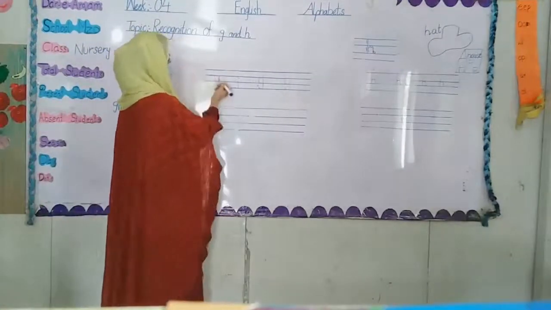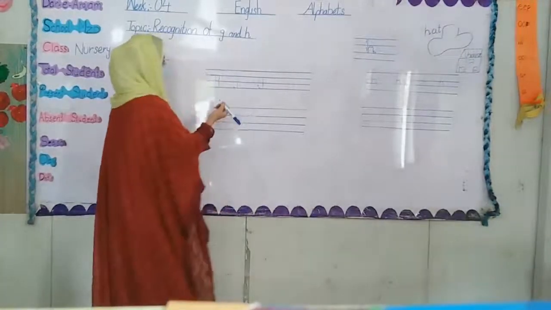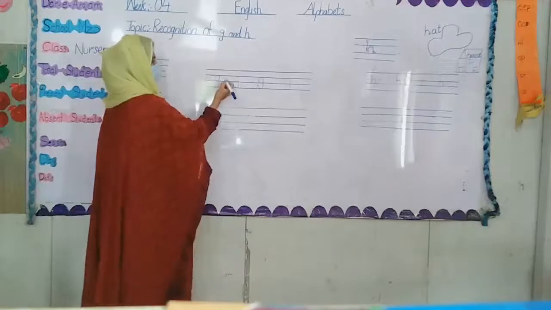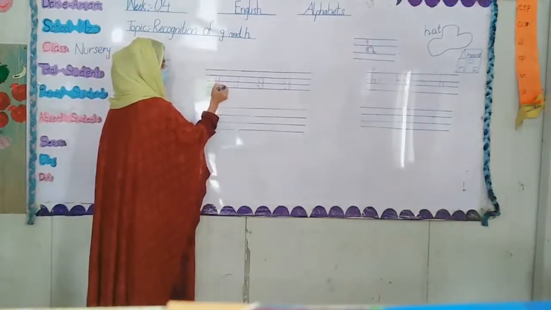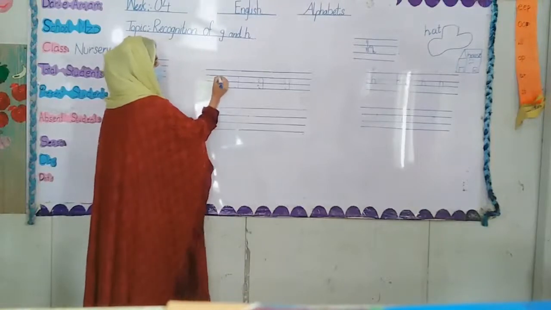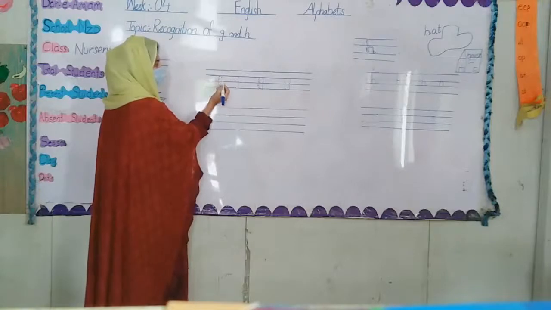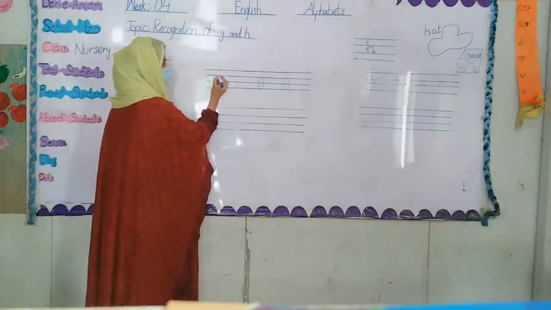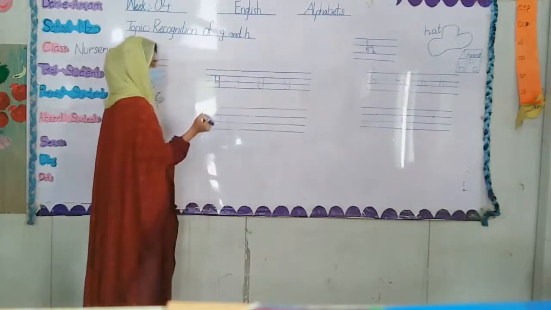Now first of all, we are going to trace the alphabet G. How can we trace alphabet G? First of all, follow the dots and then make G. Start from this point, make a circle like this, then move downward and then like this.